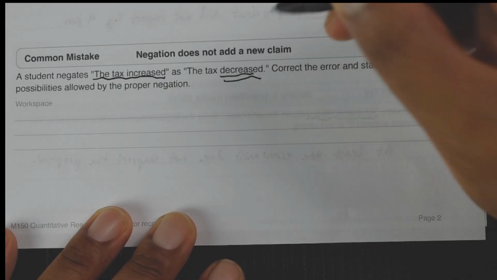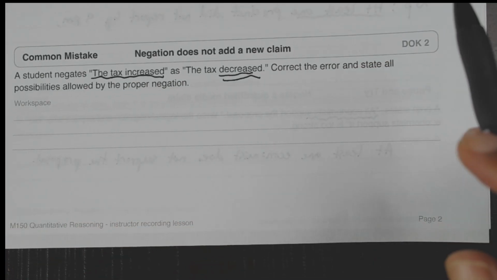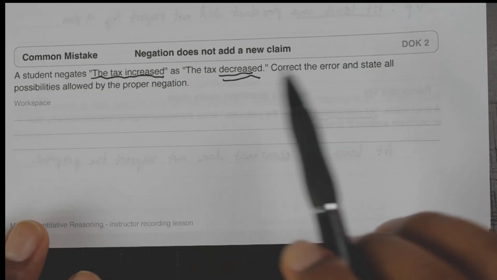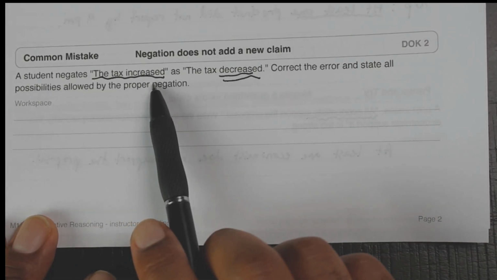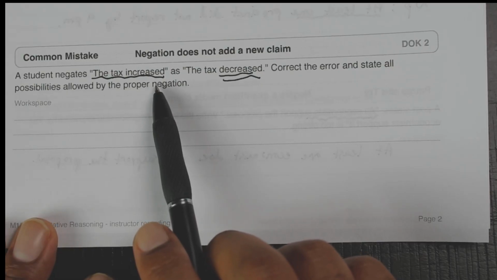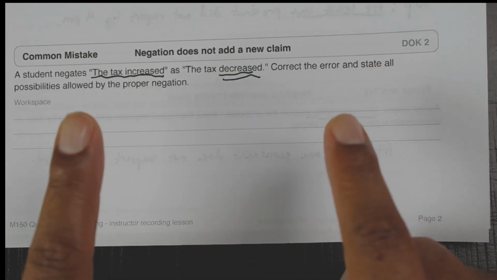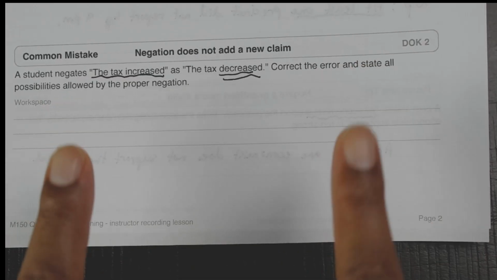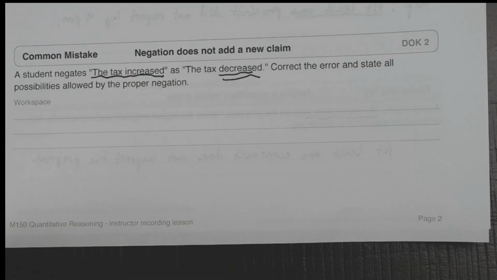So this introduces a very different claim. If the tax did not increase, there are at least two possibilities: it could have decreased, or it could have stayed exactly the same as it was before.